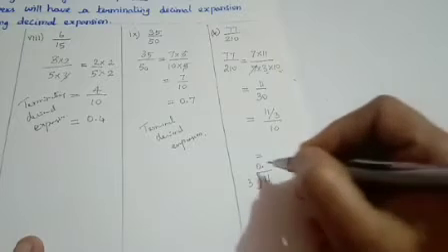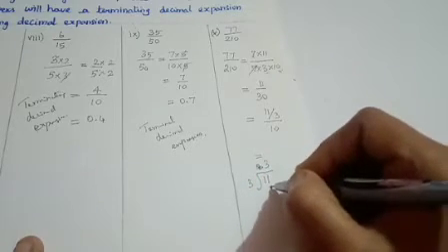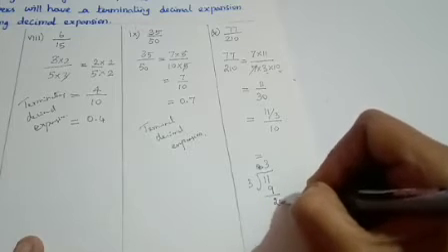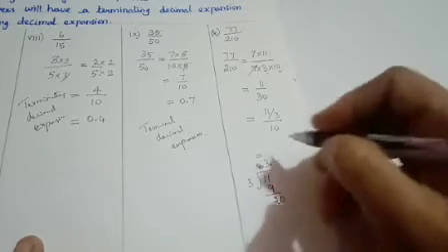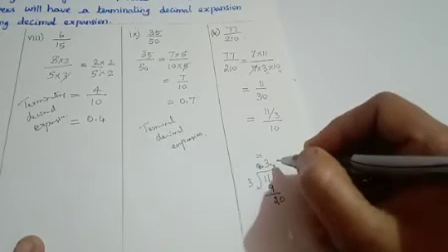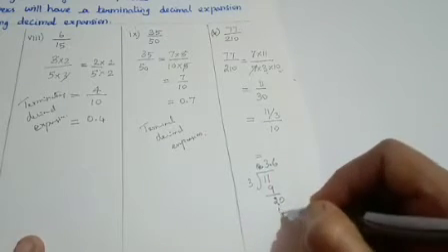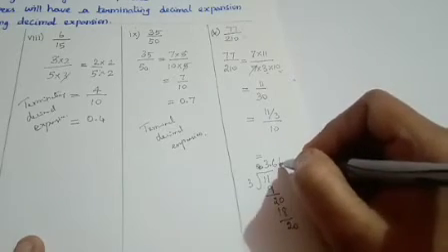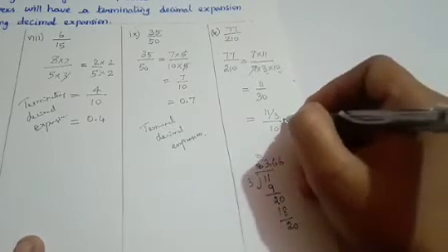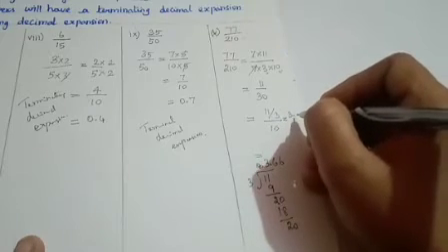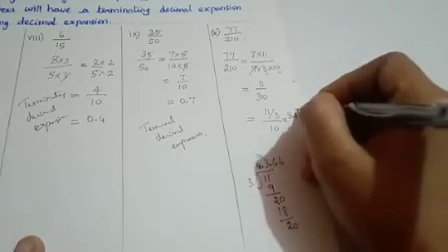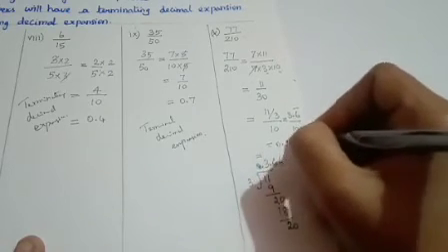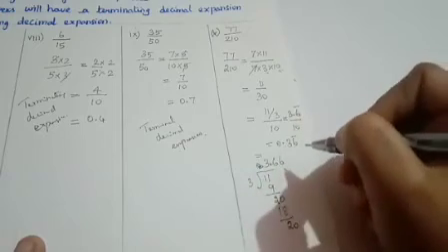3 threes are 9, remainder 2, and if you put the decimal point and continue, you will get 3.666. Otherwise I will write 3.6 with a bar, divided by 10 means 0.36 with a bar.